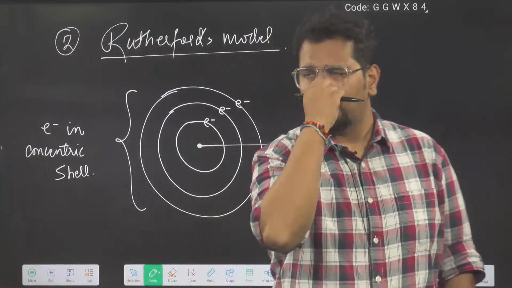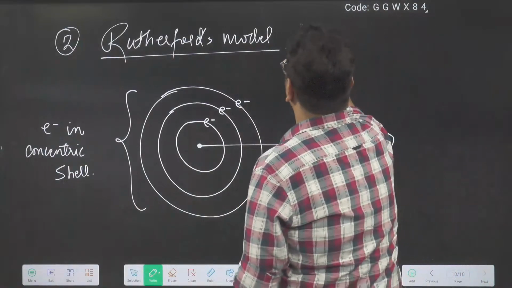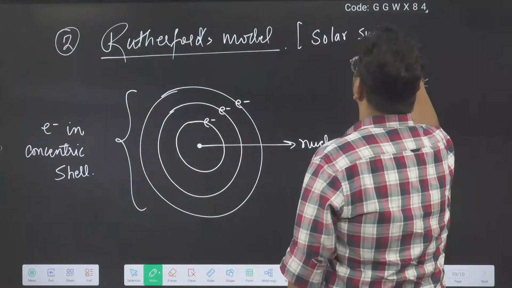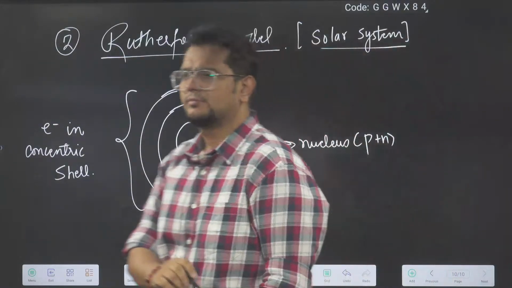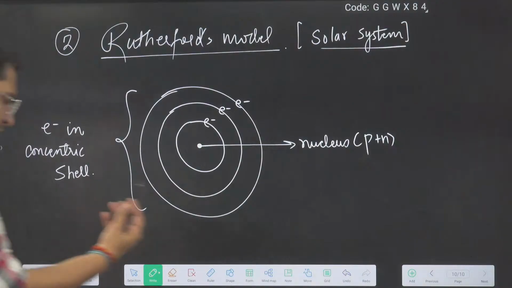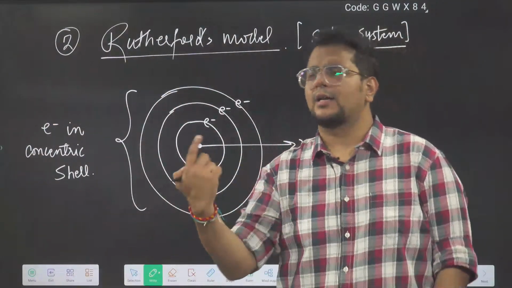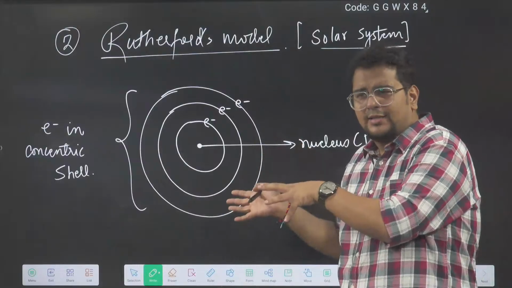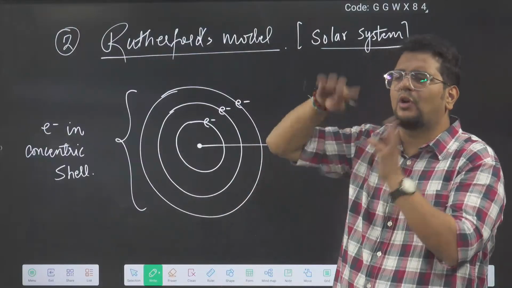This was the Rutherford model, and this model was shamelessly copied from the solar system. Just like the sun in the middle of the solar system with planets revolving around it, Rutherford also thought, good idea: nucleus in the middle, electrons revolving around it.